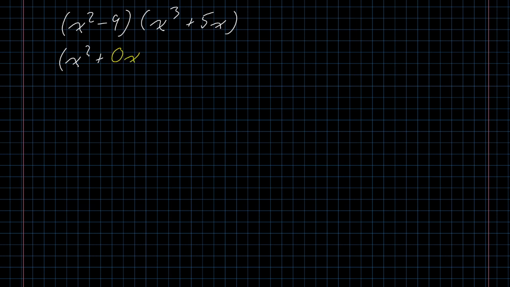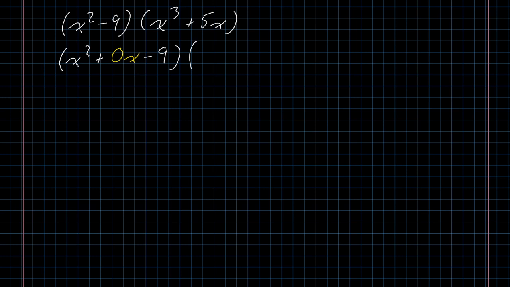Well, I can always multiply by 0, which makes that 0, and then adding 0 to something doesn't change it. So if I fill in the missing term and call that x squared plus 0x minus 9, then I haven't changed anything.